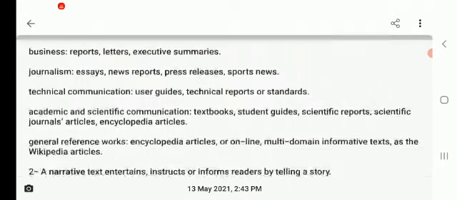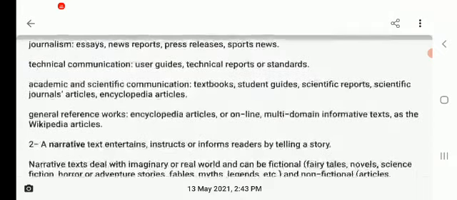Then journal reference work. Journal reference work means where encyclopedia-kind of articles are there, or multi-domain information texts such as Wikipedia articles. So all these kinds of articles are examples of journal reference work.